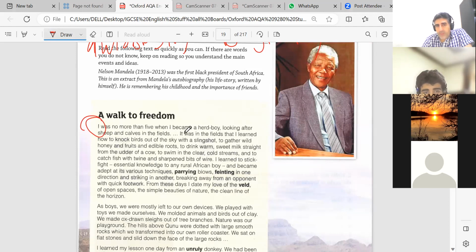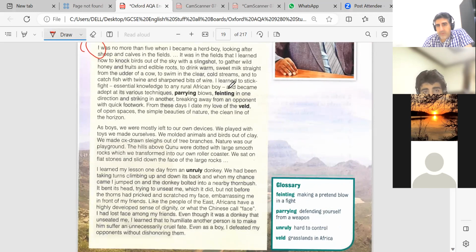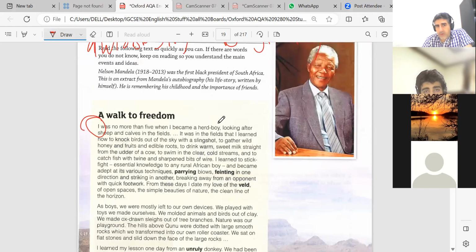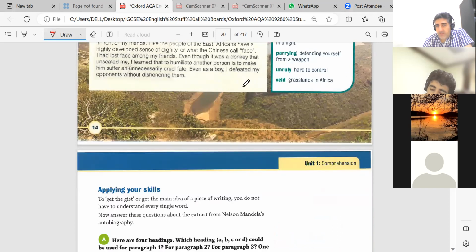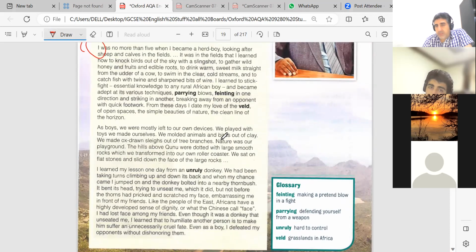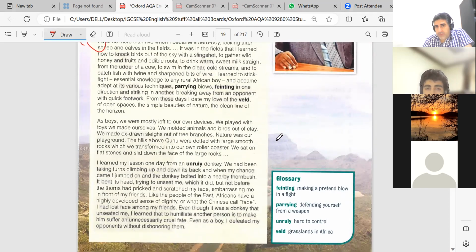So here, paragraph 1, for example. Focus on the first sentence and the last sentence. And paragraph 2, the same. Paragraph 3, the same. You should read the first and the last sentence in each paragraph.